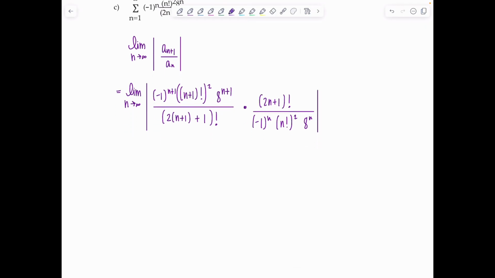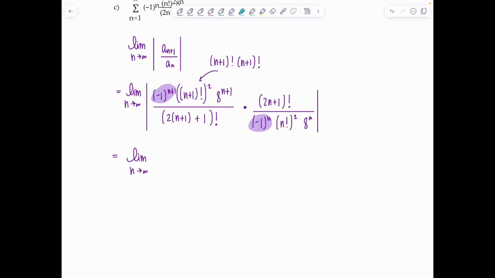Great. Now, these just go away because I'm taking the absolute value, so they're gone. And then nothing else is going to be negative now, so I don't really need to write the absolute value bars. N plus 1 factorial squared, I think the easiest thing is let's write it out twice. So we know that that means it's n plus 1 factorial, n plus 1 factorial.